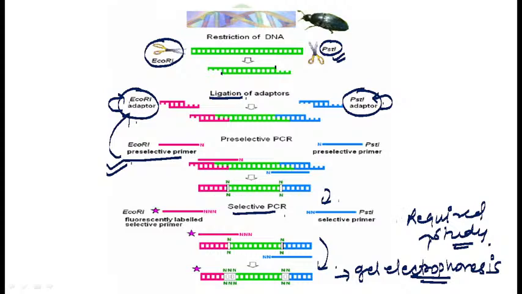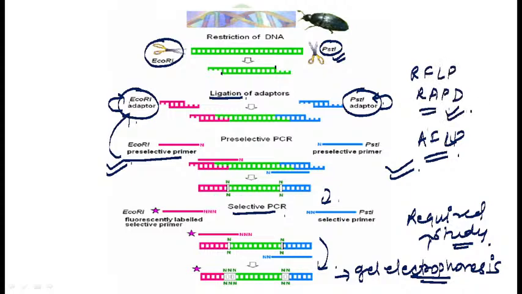Okay, is the method AFLP clear? This is the most advanced method in molecular markers, because it combines the knowledge of RFLP and RAPD. And this is the major marker we use in DNA fingerprinting, in phylogenetic analysis, and in species recognition.